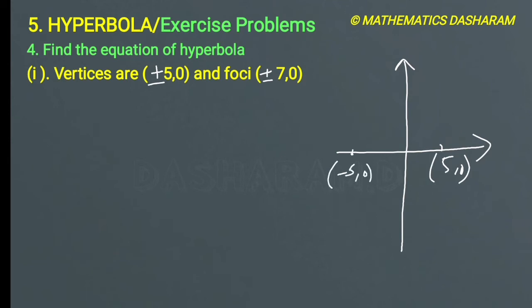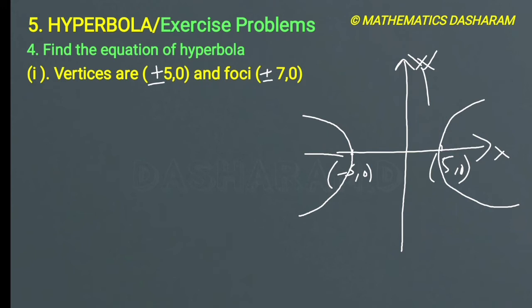And next foci plus or minus 7 comma 0. So here hyperbola, vertices and foci both are on the x-axis. So then the standard form of a hyperbola is x square divided by a square minus y square divided by b square equals 1.